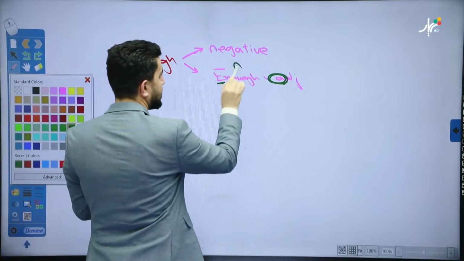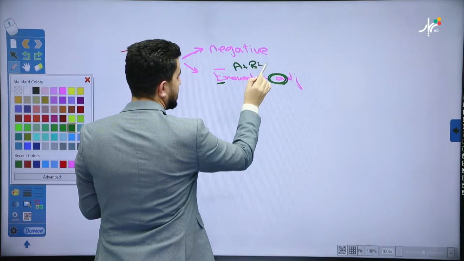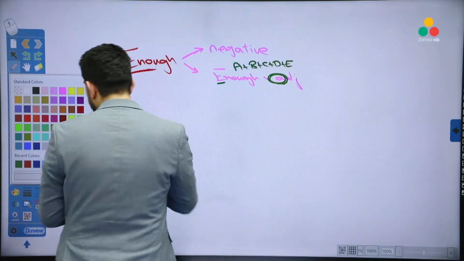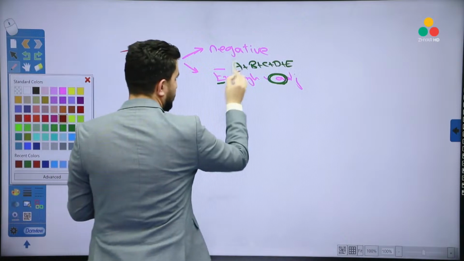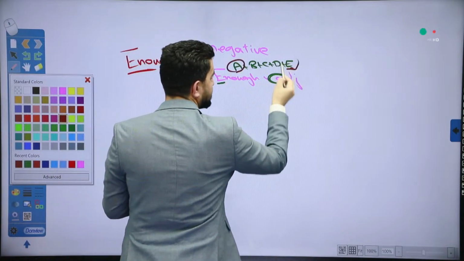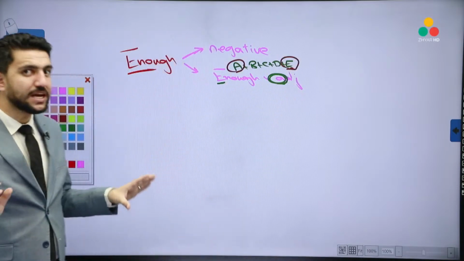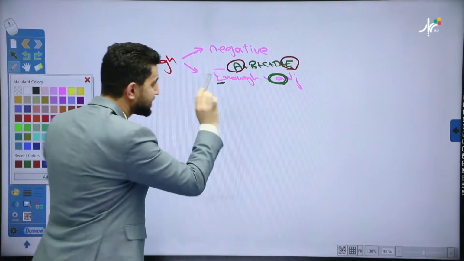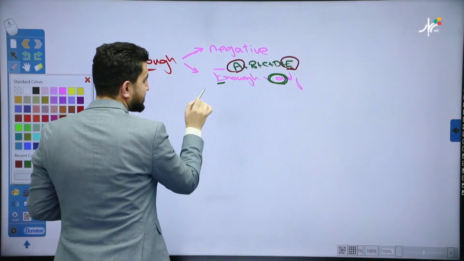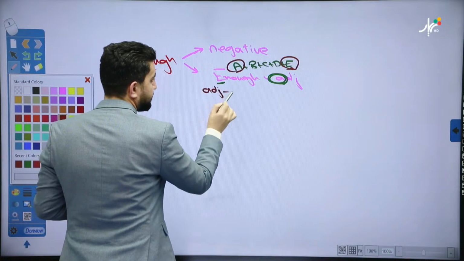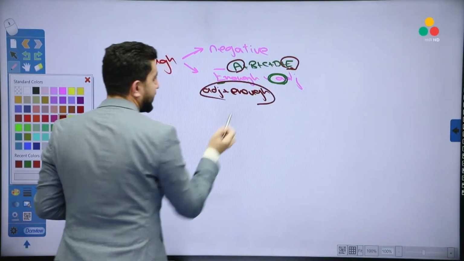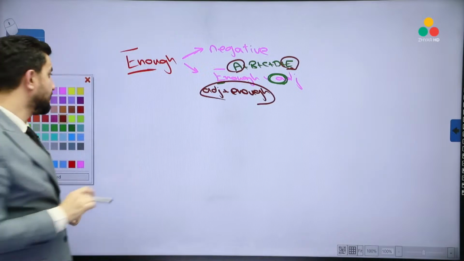So it's A, B, C, D, E. Which one comes first? A, of course. Then E. So you can use this idea to know which one is preceded by or followed by. So with an adjective, it's adjective, then enough. The rule: it's adjective, then enough.